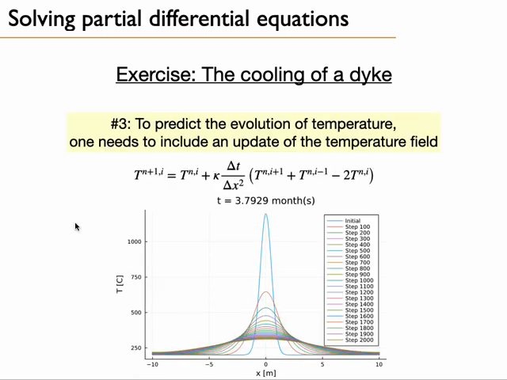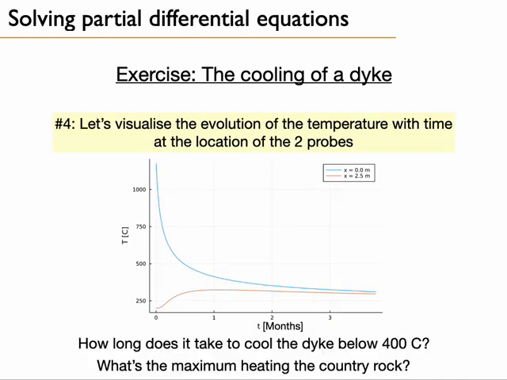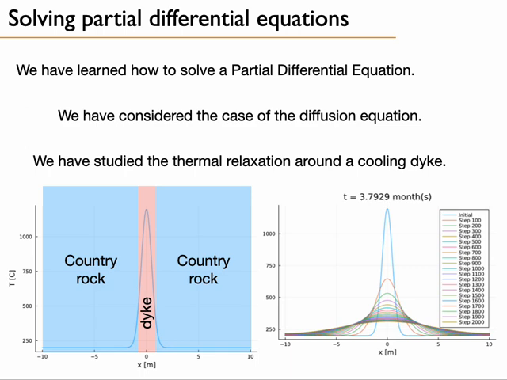So you will have to implement the formula we derived during the lecture, and by using this formula you will be able to model the thermal relaxation of the dike and the heating up of the country rock.